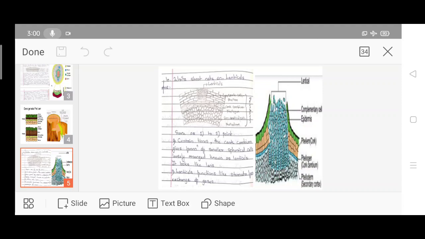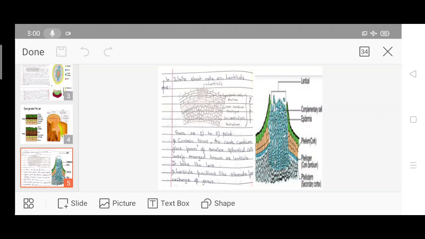These lenticels function like stomata and help in the exchange of gases. You have to look at this picture. I have also added a colored picture. In it these cells emerge from the epidermis layer of the plant, and they come from the periderm region.